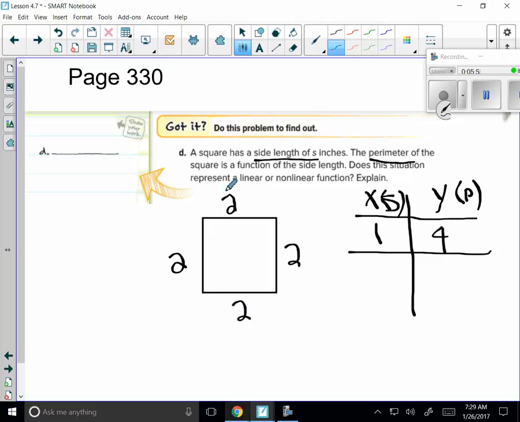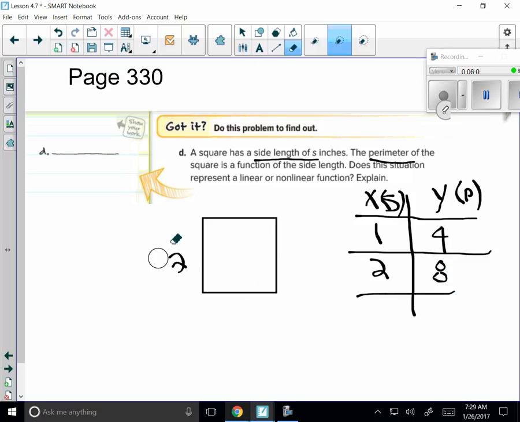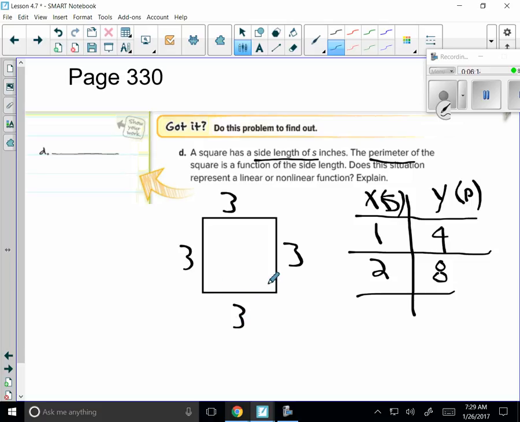You could write all these out, or you just think, what is 2 times 4? It'll give me 8. And let's do one more for good measure, and I'm going to make it a 3 this time. So if I have a 3 on all sides, 3, 3, 3, and 3, well, I can take 3 plus 3 four times, or I can just do 3 times 4, which will give me 12.